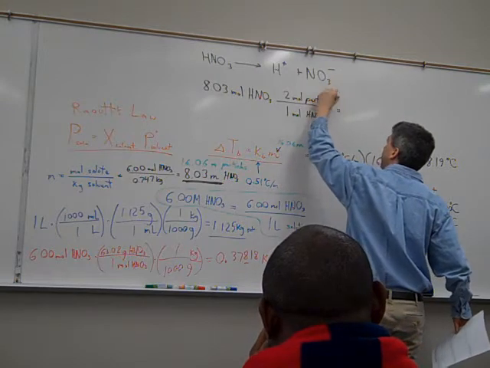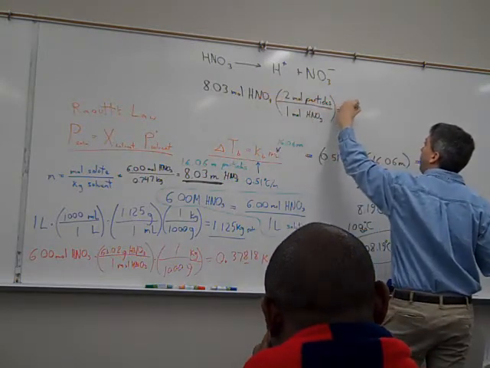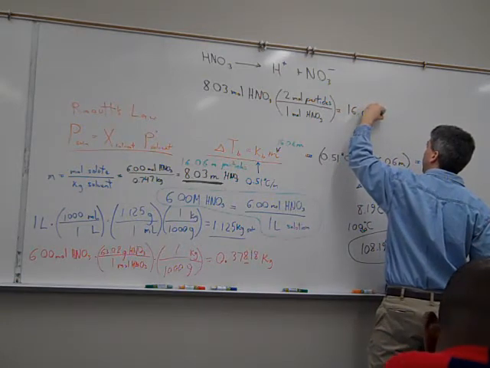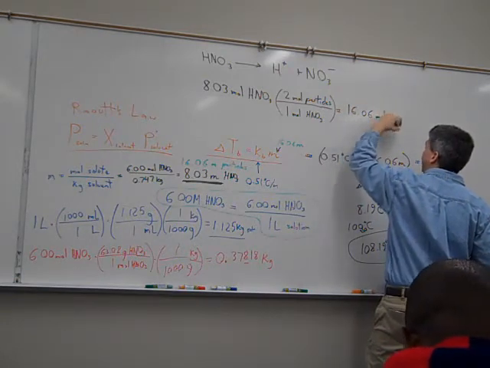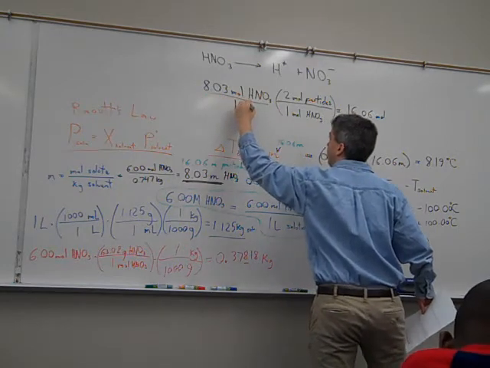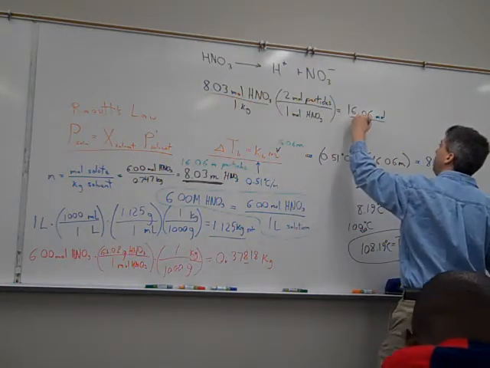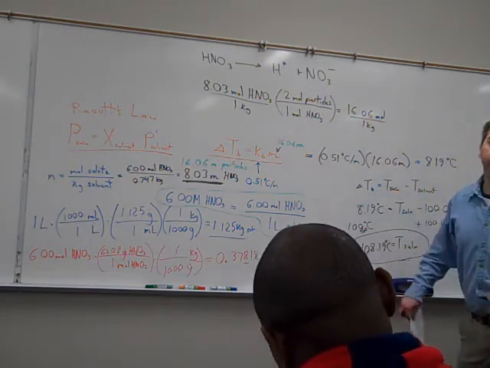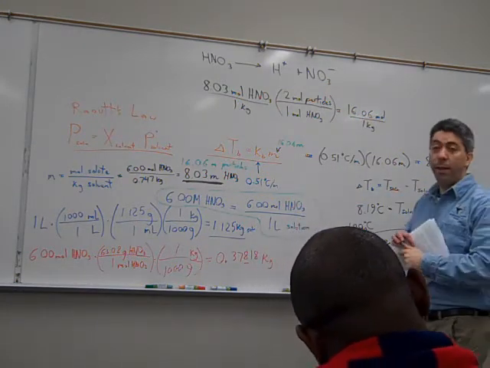Does that make sense? Yes. So that's why that times 2 gives you 16.06. And since this is moles per kilogram, this ends up being moles per kilogram. Okay, thank you. Yeah, no problem.